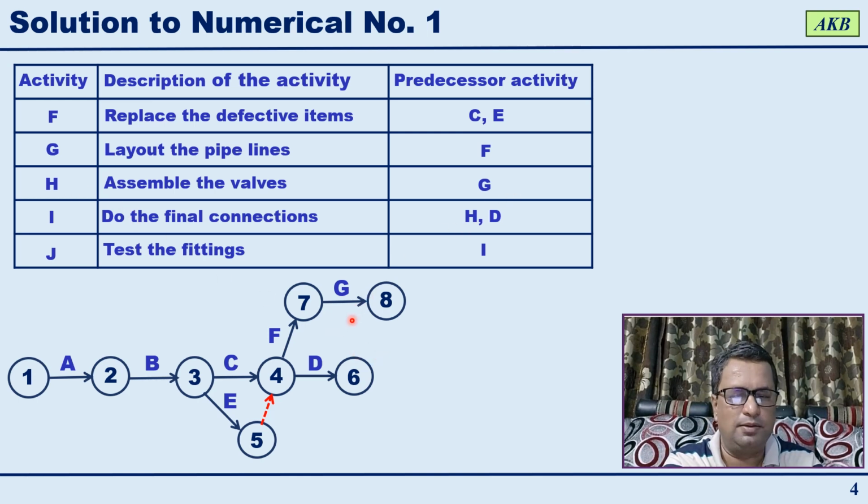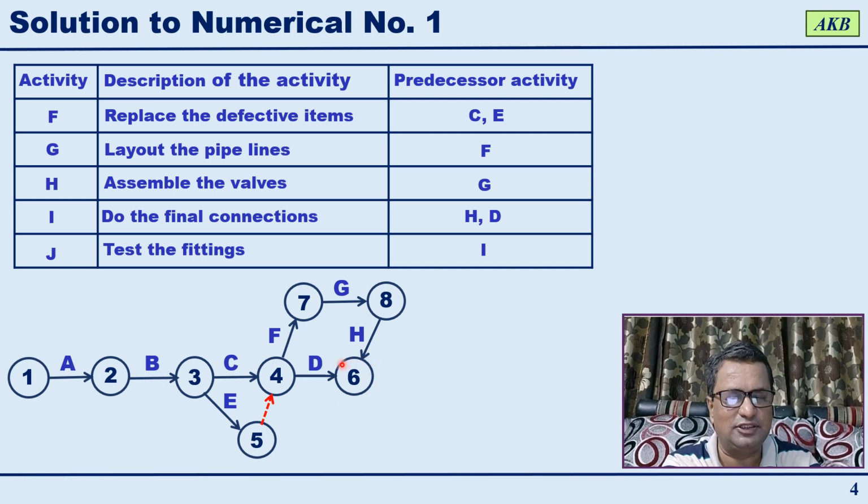Now let us go to the network diagram. We have completed activity G. Next is activity H, and in order to start activity I, we need to complete H, and D is already completed. So on the network diagram, activity H starts at event 8, but it ends at event 6.